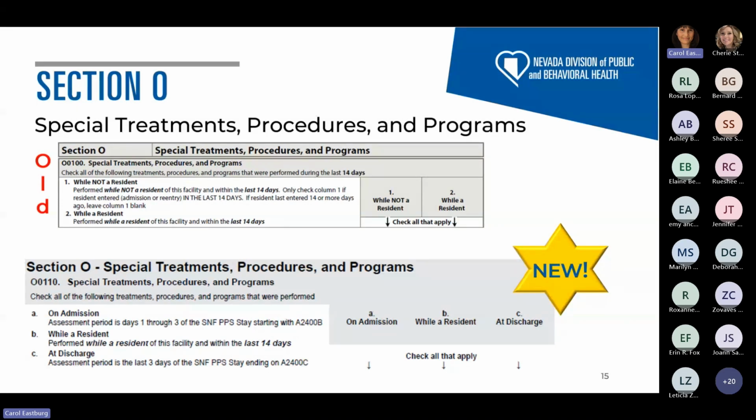So if you're completing an admission item set, only items or choices for an admission would be present. The columns for while a resident and at discharge would be absent or not accessible. And if you're completing a quarterly or other follow-up item set, only items for that assessment type would be available.